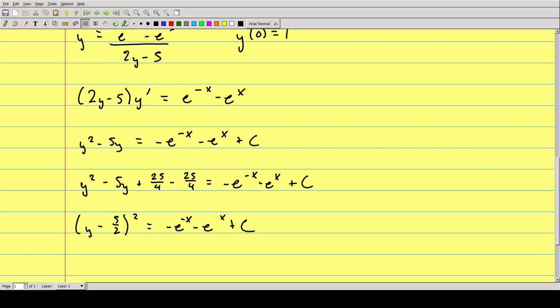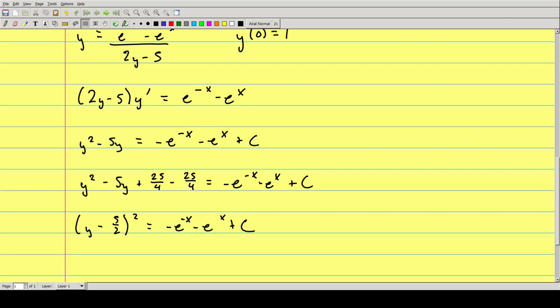Someone in the chat is asking if we can skip adding 25 fourths and subtracting 25 fourths. You don't want to skip that part because the whole point is to complete the square. So you have to figure out what that constant is to make sure that you're adding the right thing. Okay?